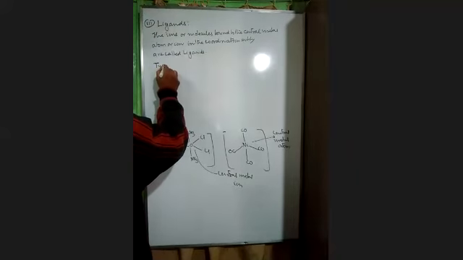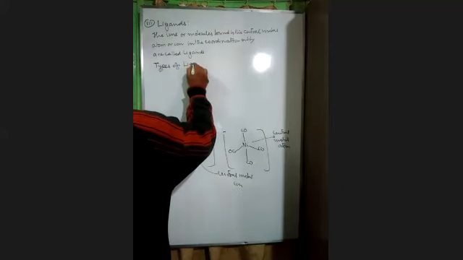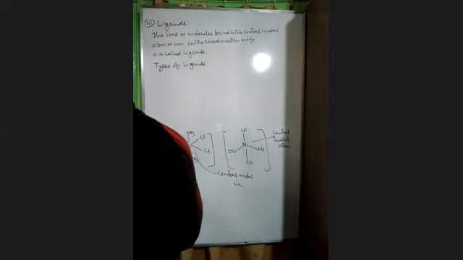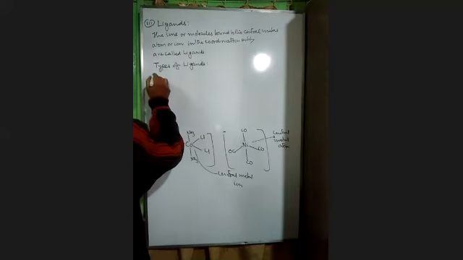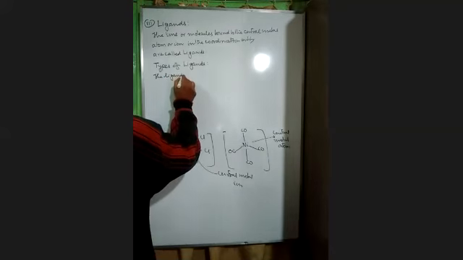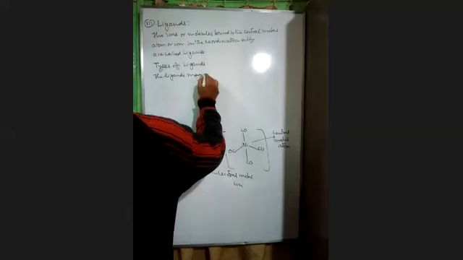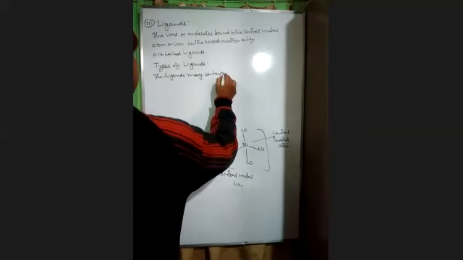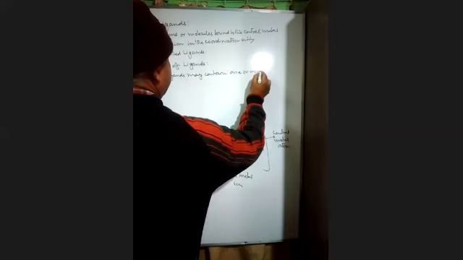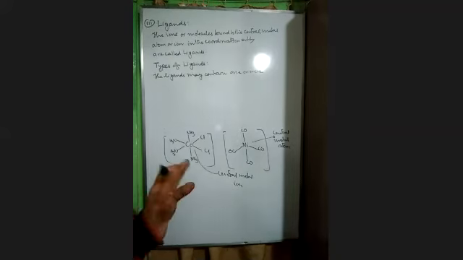Types of ligand. The ligands may contain one or more donor atoms. See, these are the atoms which have donated electrons, so these are called donor atoms.